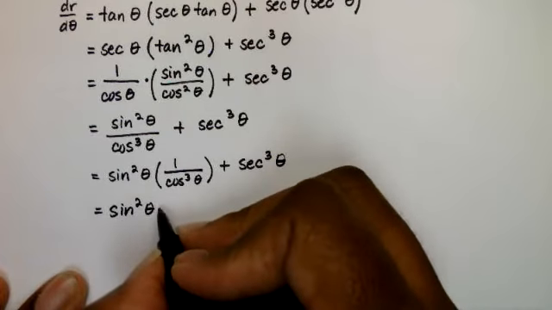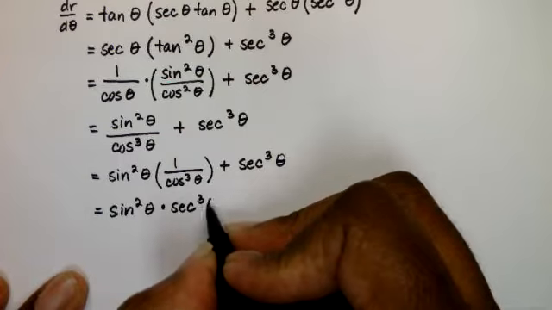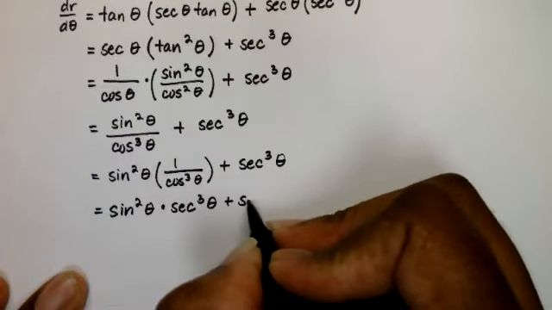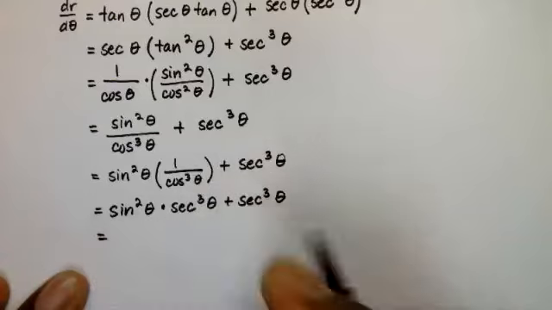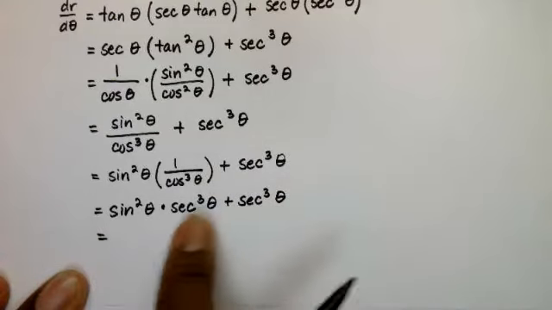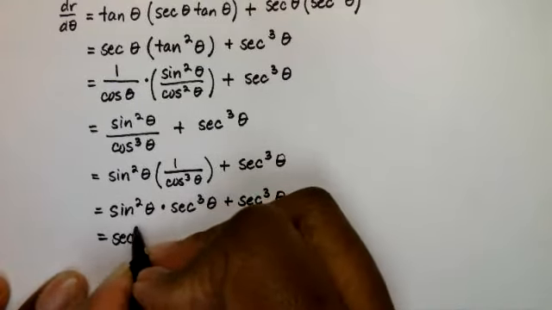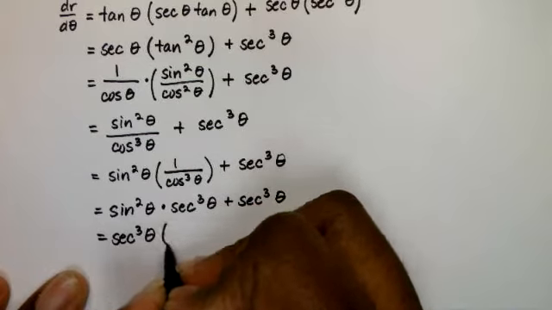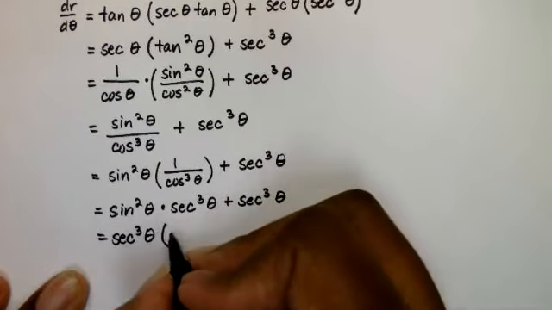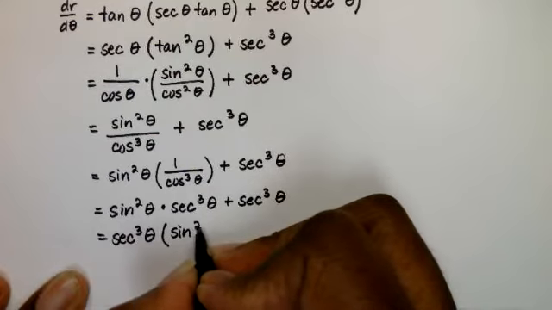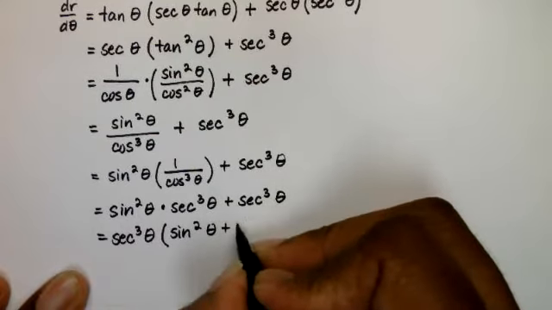So I'm bringing down sine squared theta times secant cube theta plus secant cube theta. And here you'll see the common factor, secant cube of theta. If I factor that out, I'll be left with sine squared theta plus secant cube theta divided by itself, which is 1.